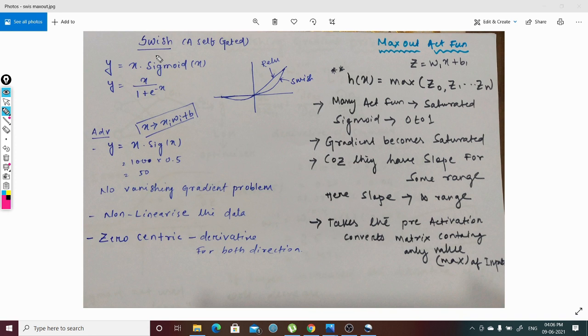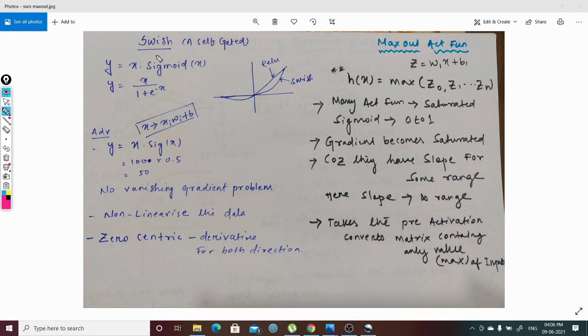But for deeper neural networks, Swish is quite a bit better than ReLU, because if we are using some 40-50 layers, we can use Swish in between the layers for better results than ReLU.